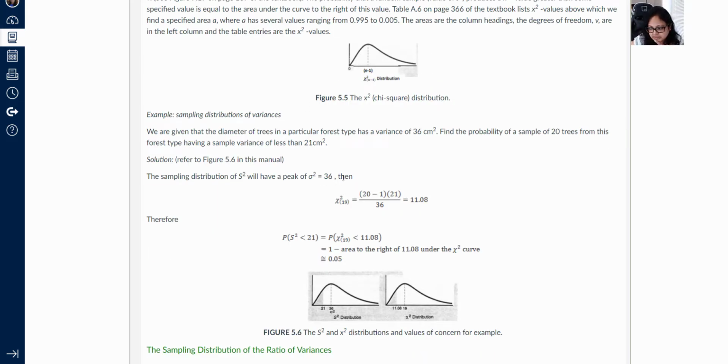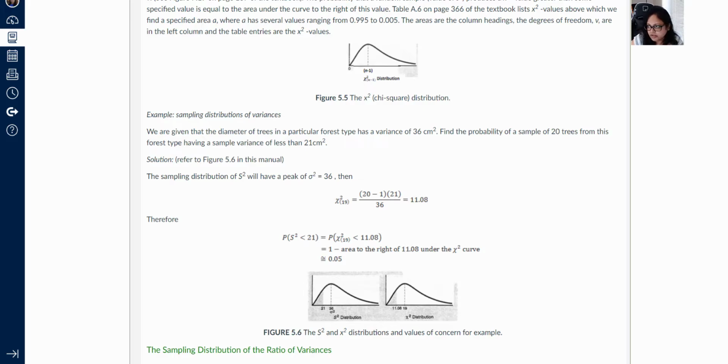In this example, we have the variance for the population, the sample size is 20, and the sample variance is 21. So the chi-square statistic for 19 degrees of freedom, that means sample size minus 1, we found the value is 11.08.